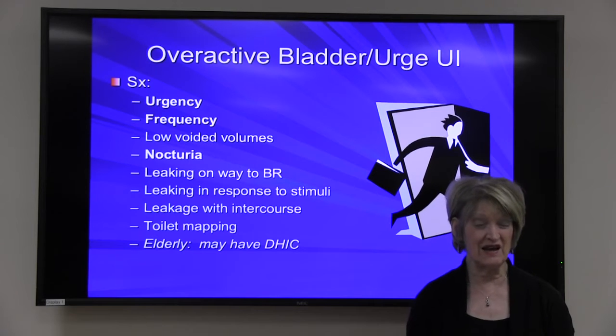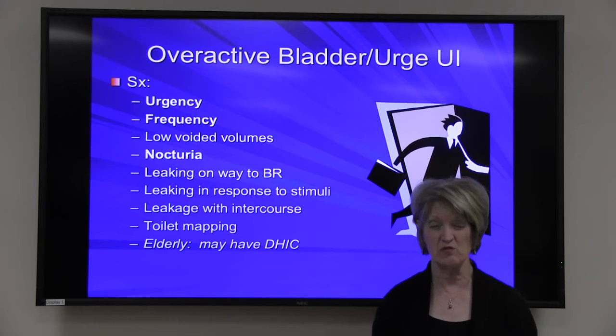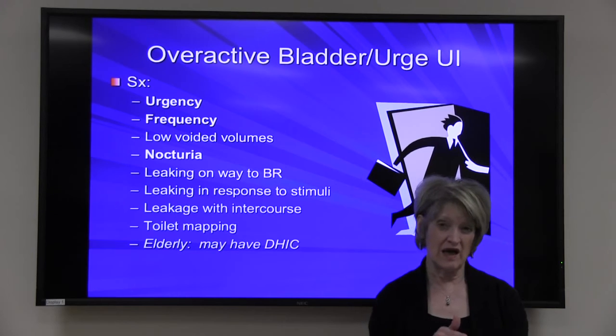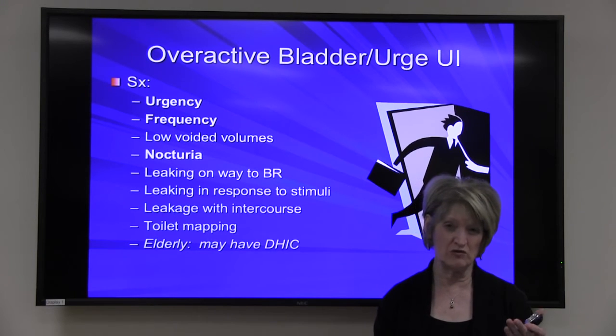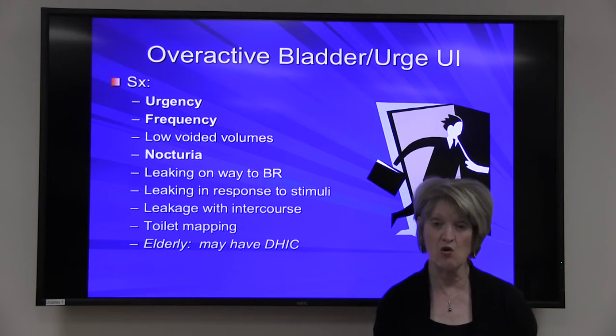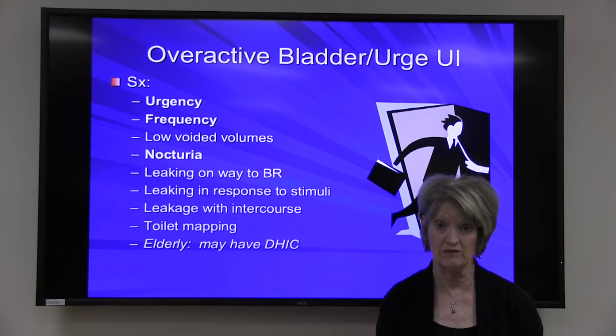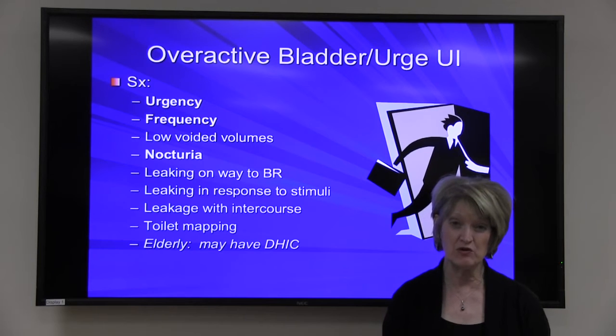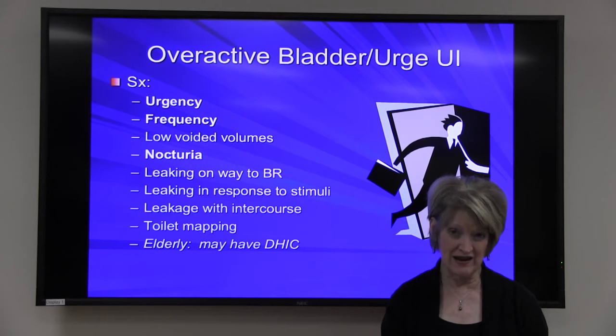I'm just going to say this now, we'll say it again later. If you have a combination problem with emptying and with storage, so you're leaking but you're not emptying completely, you always start with the emptying problem. If I can improve your emptying ability, I automatically reduce your frequency.